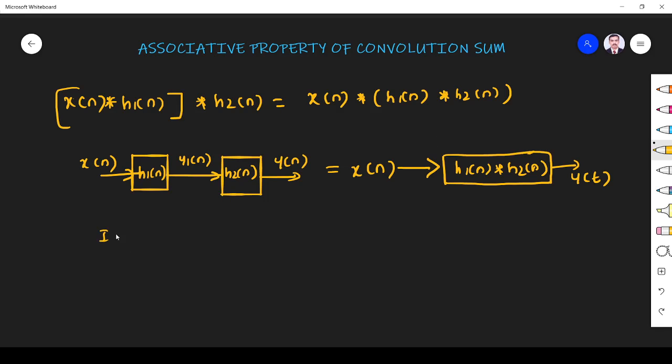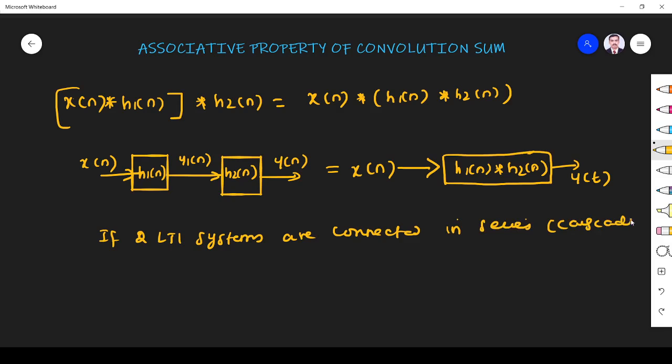This indicates that if two LTI systems are connected in series or cascade, series is nothing but cascade, right?